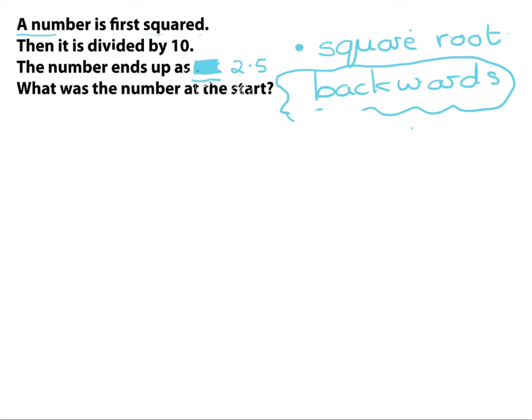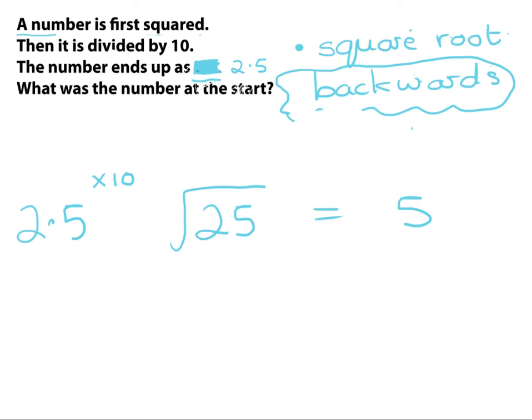So, a number is first squared, divided by 10, ends up as 2.5. It got there by being divided by 10, so we must multiply by 10 to get 25. 25 got there by being squared, so we must find the square root, and the answer is 5.